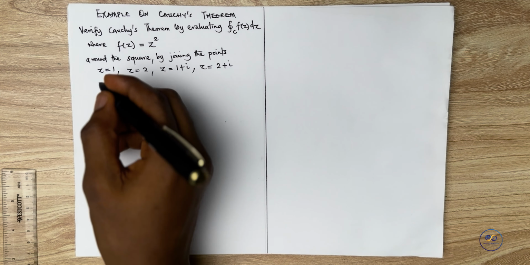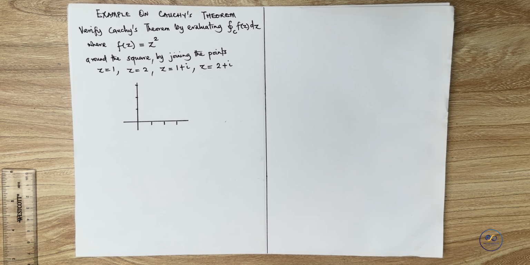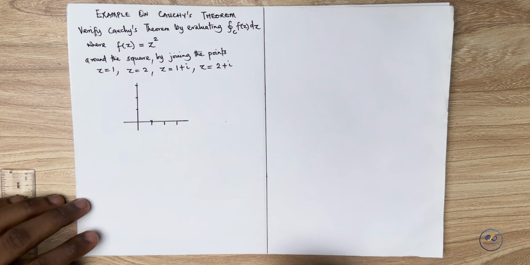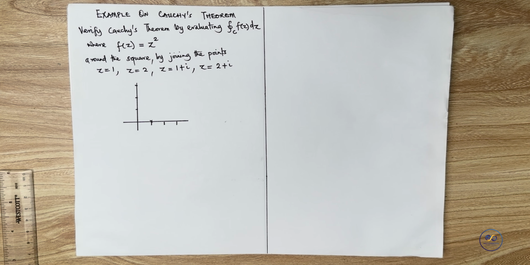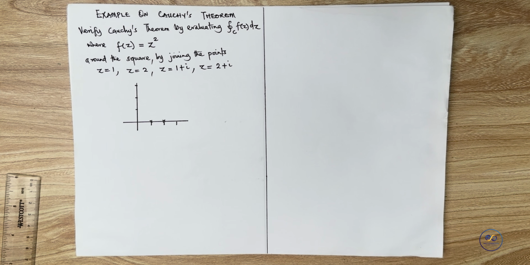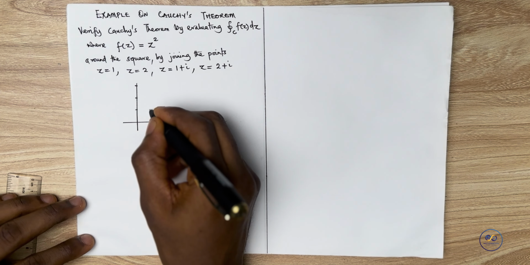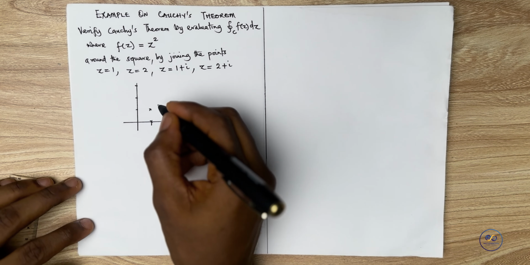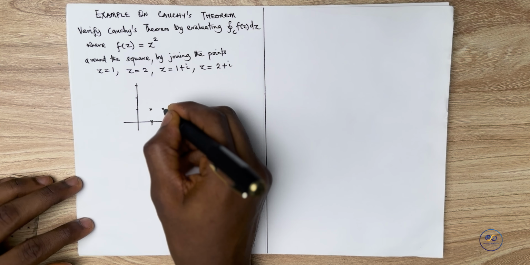Now the first point is z equals 1, which means the real axis is 1, the imaginary axis is 0, so that exists here. Then the next point exists here. Then you have z equals 1 plus i, that is real axis 1, imaginary axis 1, that exists here. And then you have 2 plus i, so real axis 2, imaginary axis 1.